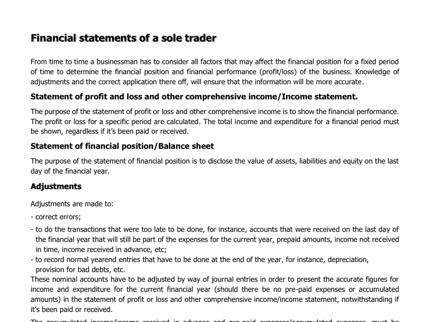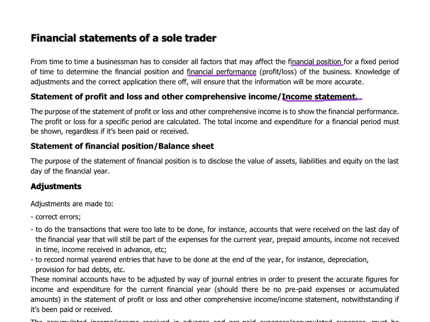So the financial position, to determine that, you will record the entries in the balance sheet. To determine the financial performance, everything will be recorded in the income statement. The statement of profit or loss and other comprehensive income, or income statement, will be drawn up at the end of the financial year.